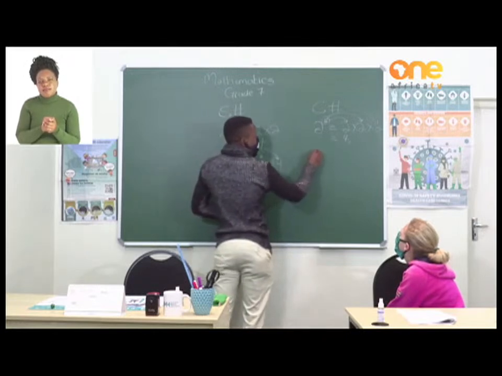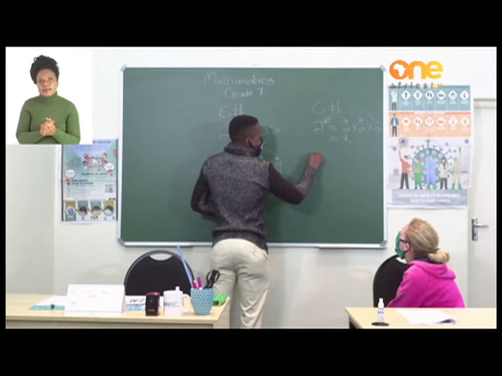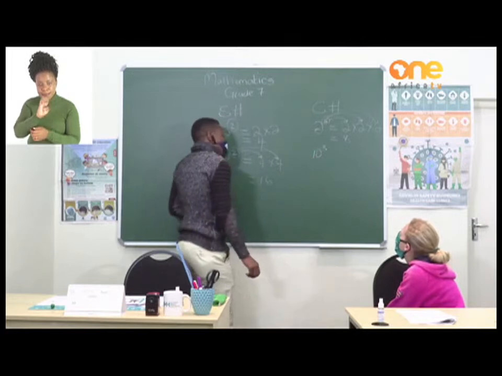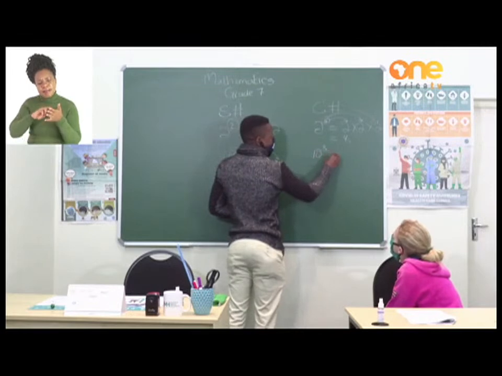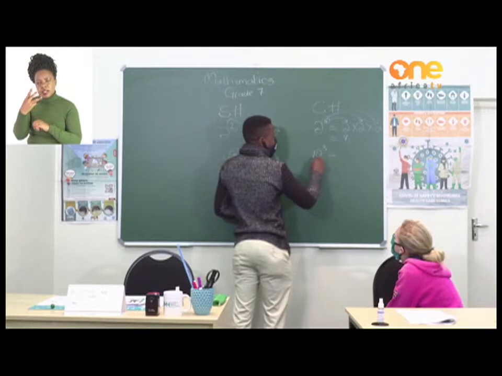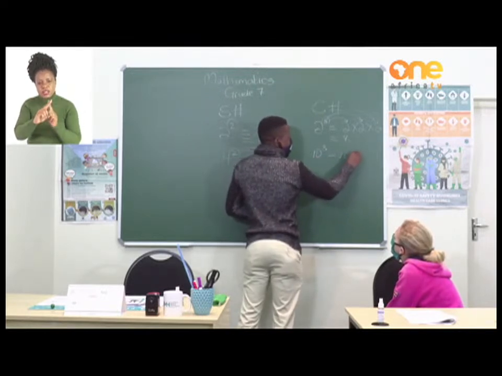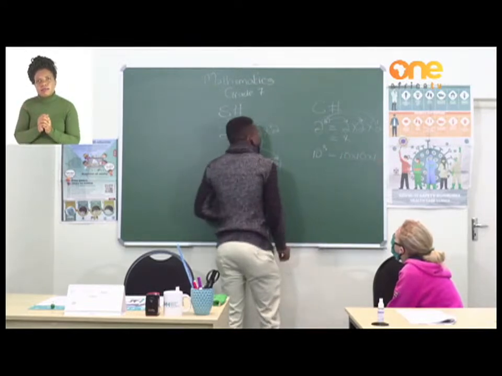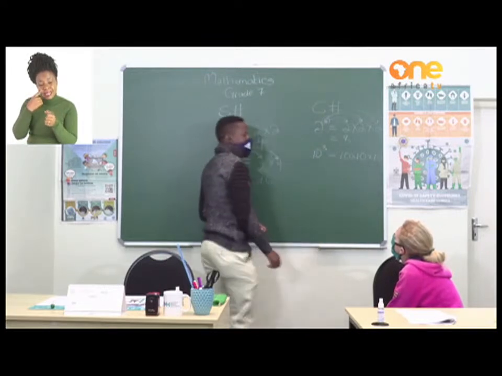We can also use the number, for example, 10 to the power 3. If you look at that number, 10 must appear 3 times. We have 10 times 10 times 10. So remember, this is 3 times that a number has to appear.